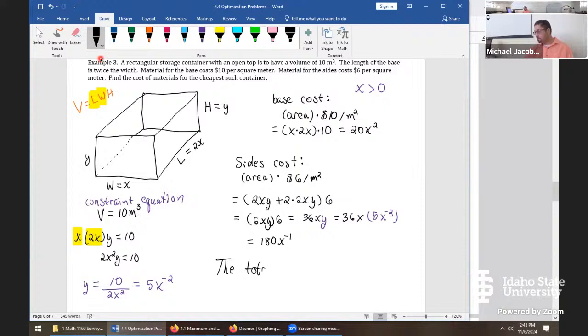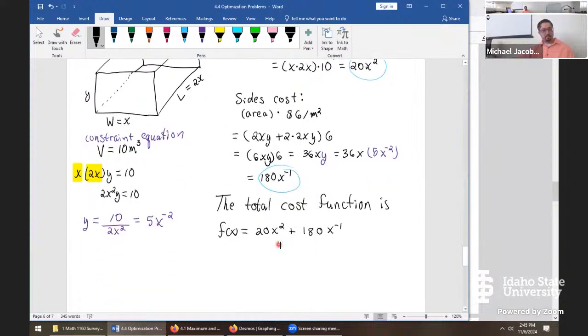The total cost function is take this cost right here for the base, this cost right here for the sides, and write out f of x equals 20x squared plus 180 x to the power -1. So now we're in business, folks. We have a function, and that's the function that we're trying to optimize in this problem.